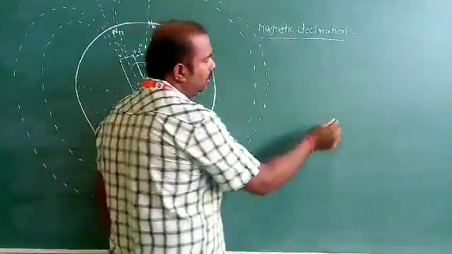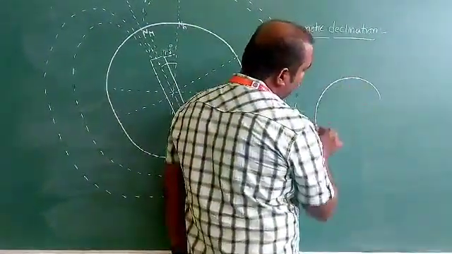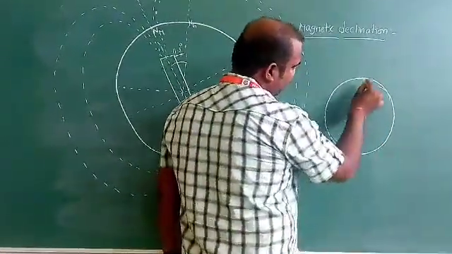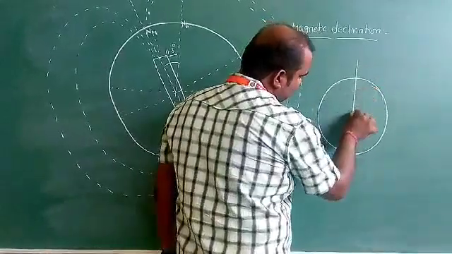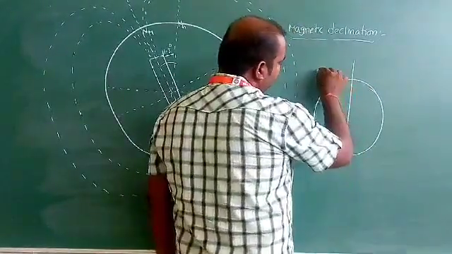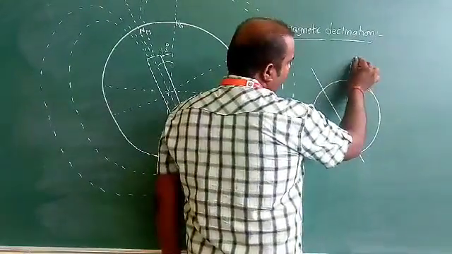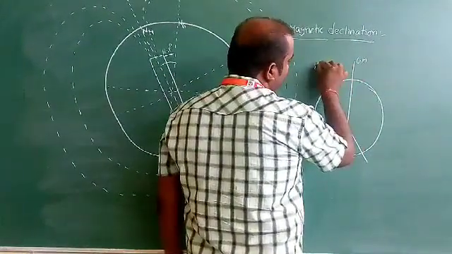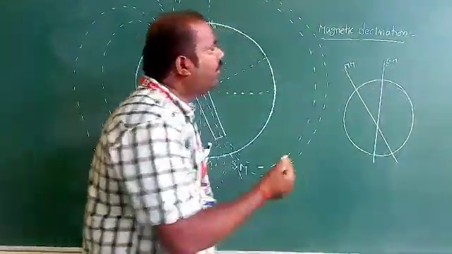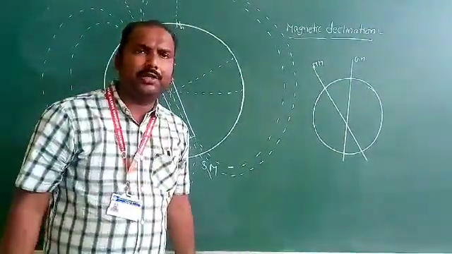Suppose you are observing the earth like this. This is the geographic meridian and this is the magnetic meridian. Then what is the meaning of magnetic declination?